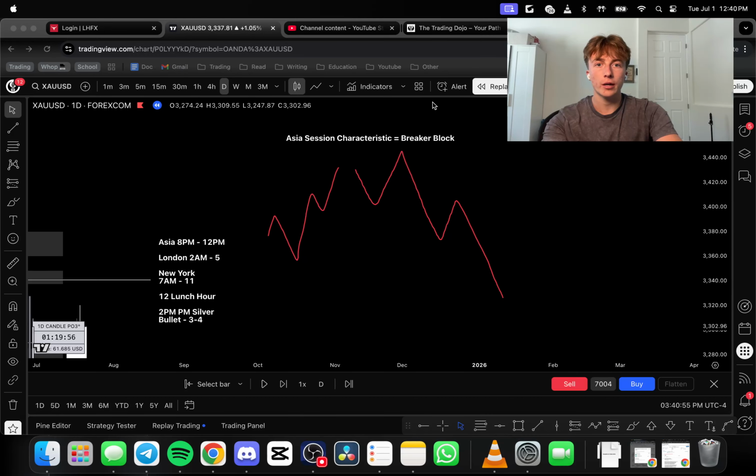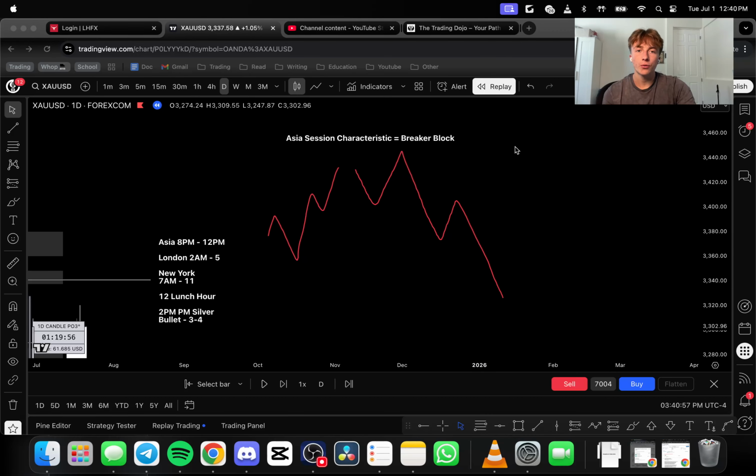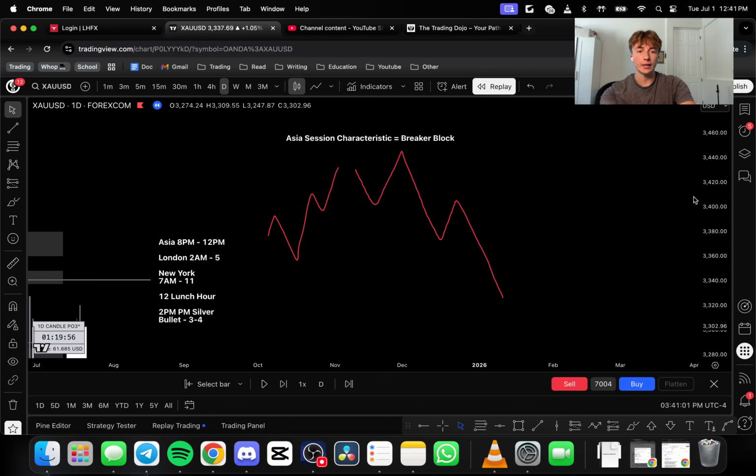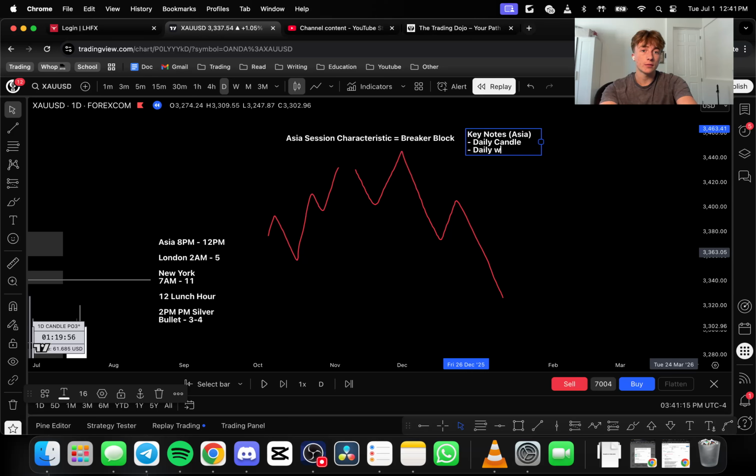Now let me move my camera out of the way. There you go. So Asia session characteristic is typically creating the wick of the daily candle. So I'd say some keynotes for Asia is to pay attention to the daily candle, pay attention to the daily candle wick, pay attention to the breaker block structure, lower low, higher high, and then you can also use IFVGs.